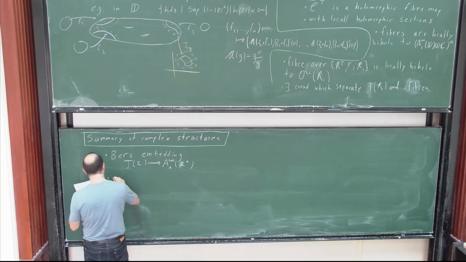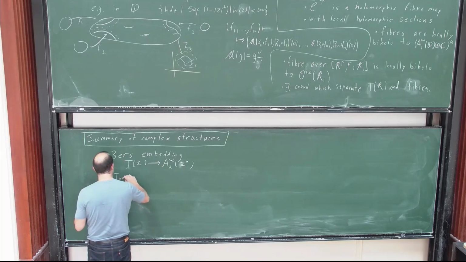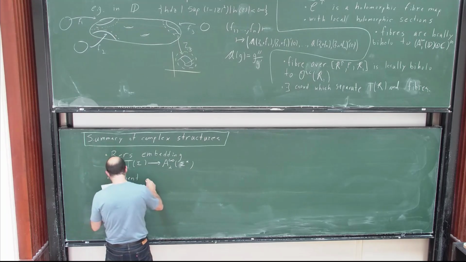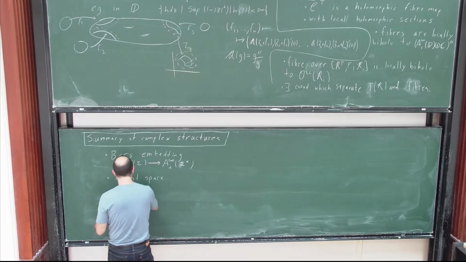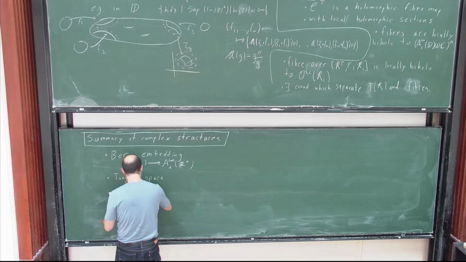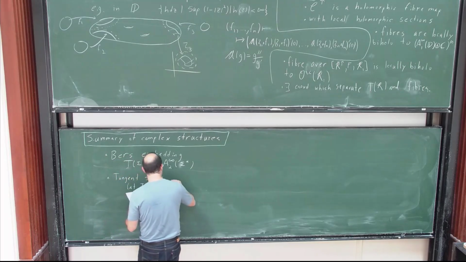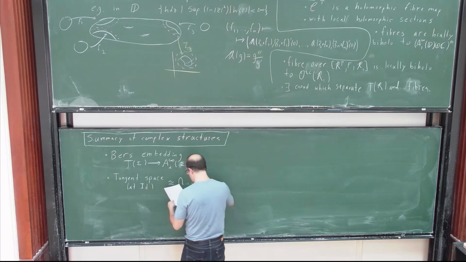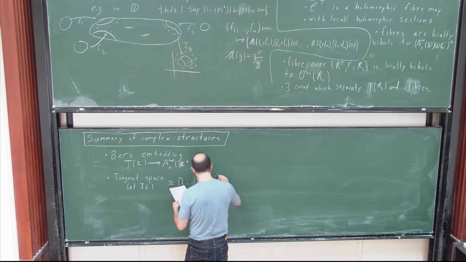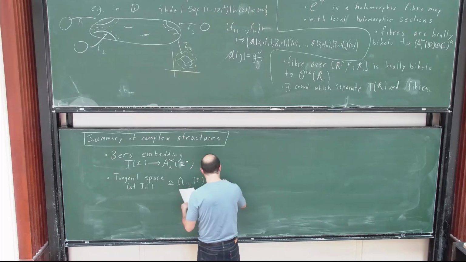We have the tangent space structure. I didn't talk about this one too much because it's a long story. At the identity, it's given by what are called the harmonic Beltrami differentials.